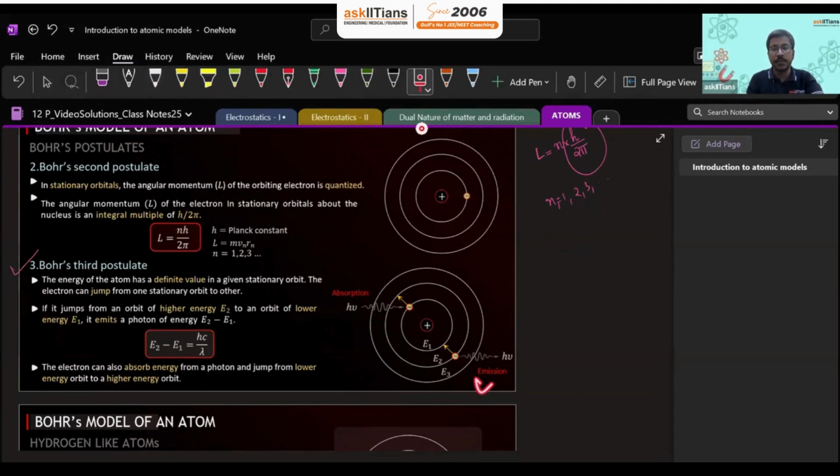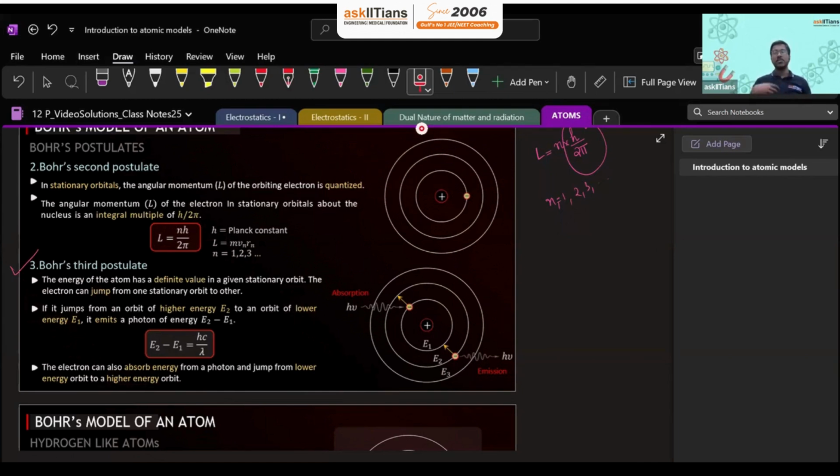In this case, the electron is jumping from a higher energy state, which has energy E2, down to a lower energy state having energy E1. So if it has to move from a higher energy state to a lower energy state, definitely it has to lose some energy, because otherwise it can't occupy that lower energy state.